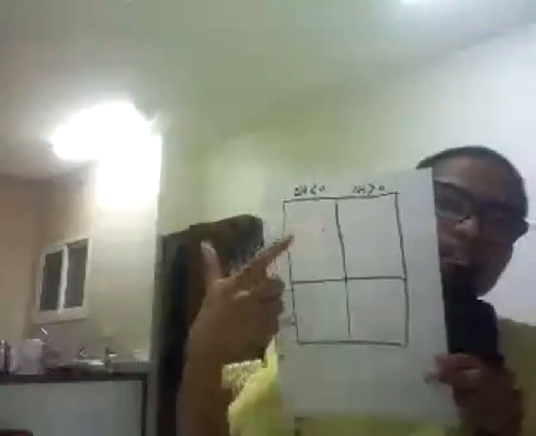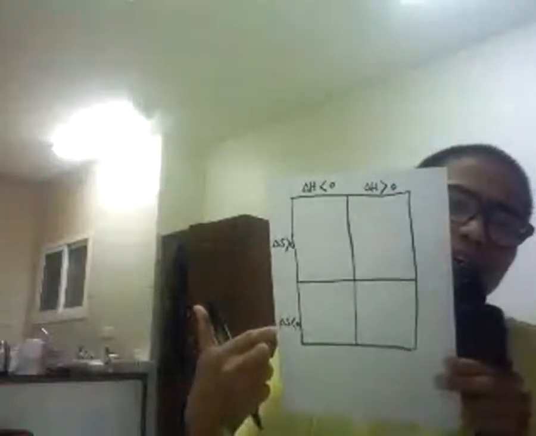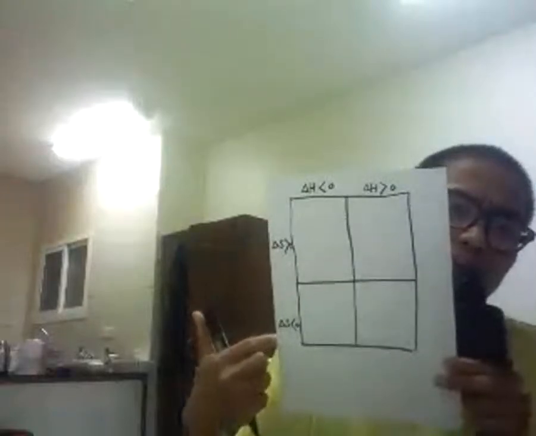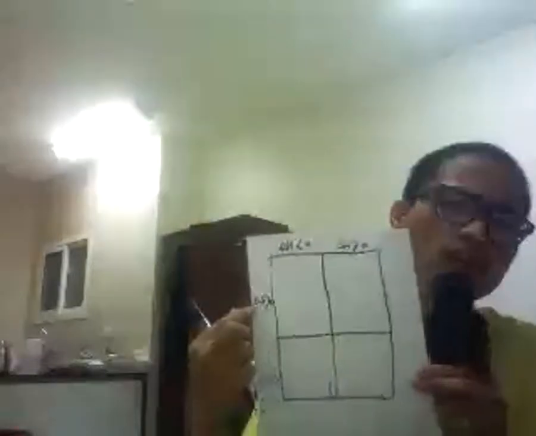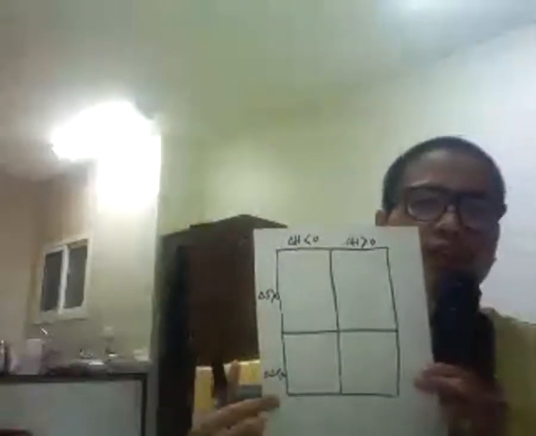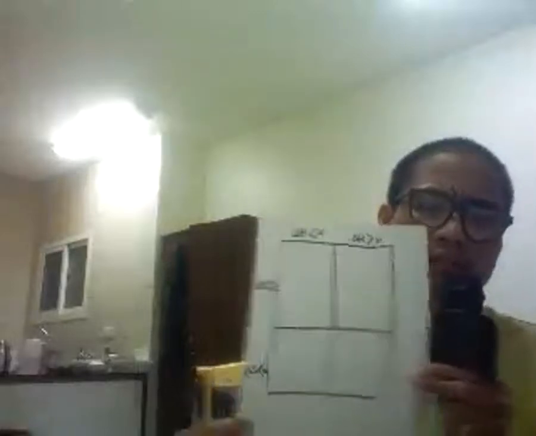And then we have the entropy here less than zero. So this is entropy greater than zero here, and this is entropy less than zero, meaning negative.